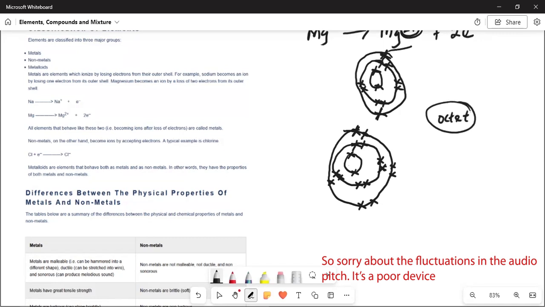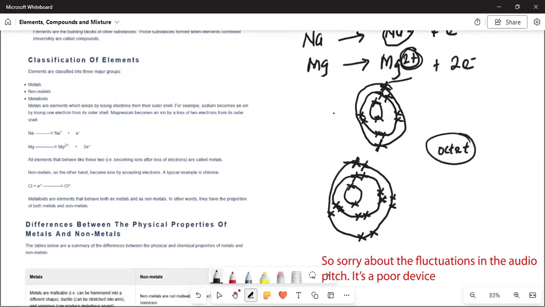And so it's not going to lose all these 7, rather, it's going to collect from anyone that is willing to donate to it. And of course, something like sodium that is losing 1 electron can easily donate this 1 electron to chlorine. And that is why there is usually a reaction between sodium and chlorine, because sodium is willing to donate 1 electron, chlorine is willing to accept 1 electron.